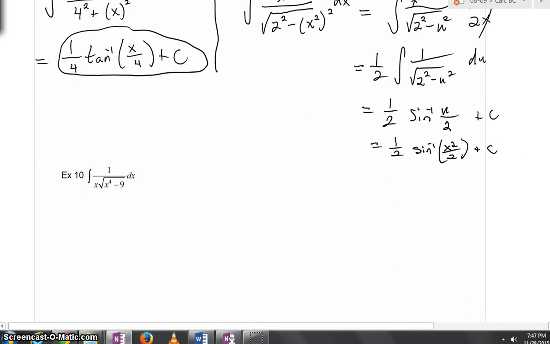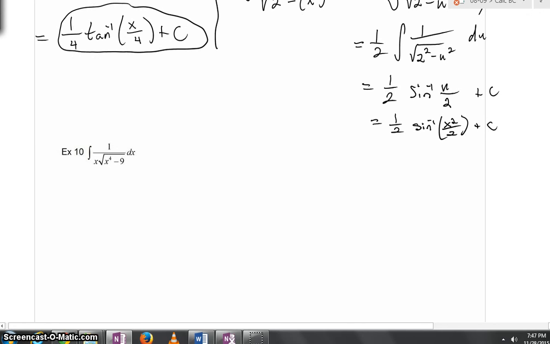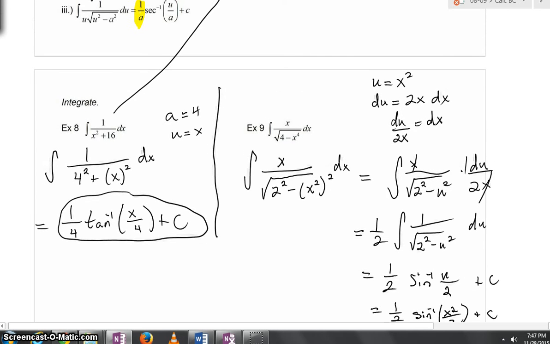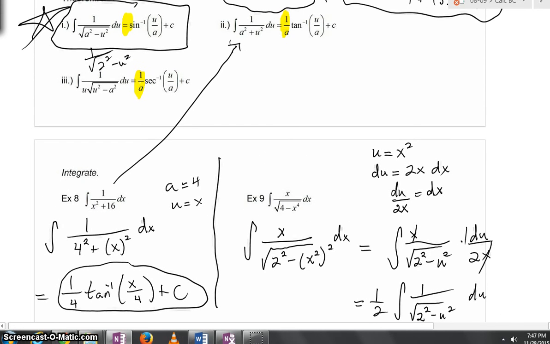Okay, to wrap this up, number 10 probably looks the most strange, and by far it is. It would look most similar, actually, to inverse secant, but no doubt about it, it probably looks rather strange. You can look right here and see for number 3, we'd have the integral of 1 over a u times the square root of u squared minus a squared, and then a u.